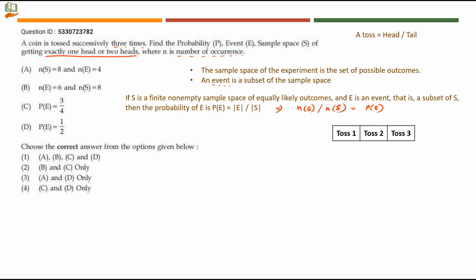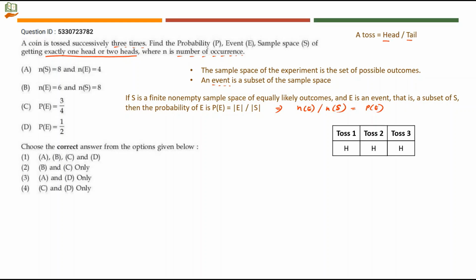So let's find the sample space first. We have toss 1, toss 2 and toss 3. First we are taking head from toss 1. Now get into toss 2. Here also you are getting head. In toss 3, what are the possible outcomes? Whenever you go for a toss, you either get a head or a tail.